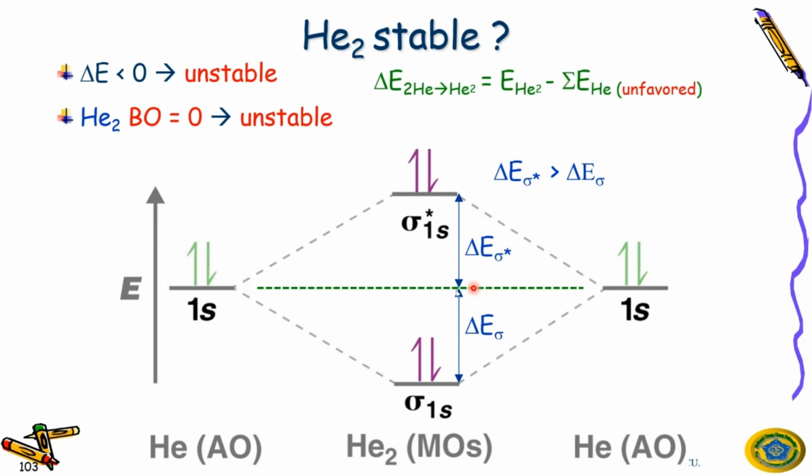You might say, wow, Professor, why is this not well disputed? Well, when you just measure it, it's not half-half. However, if you do the bond order, it's 0, because 2 minus 2 is 0. So bond order is 0, so it's not stable.